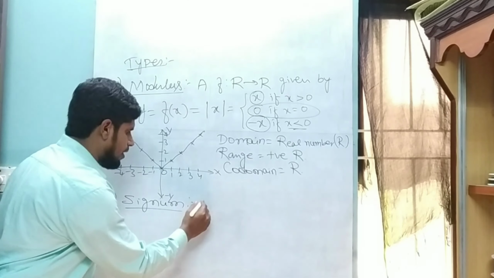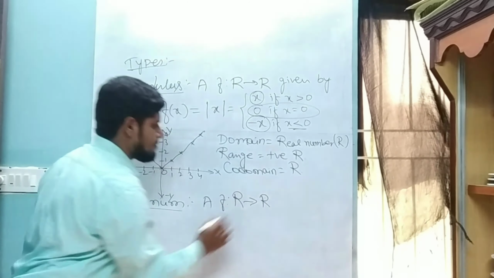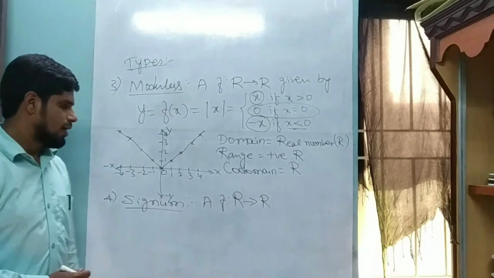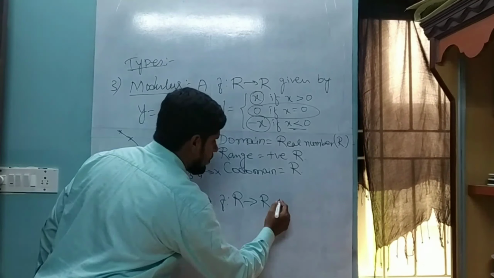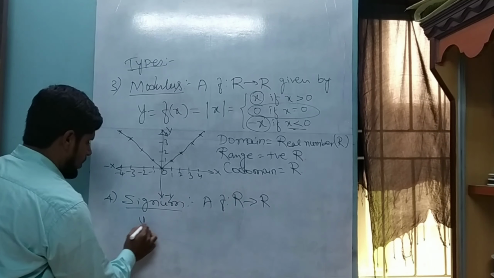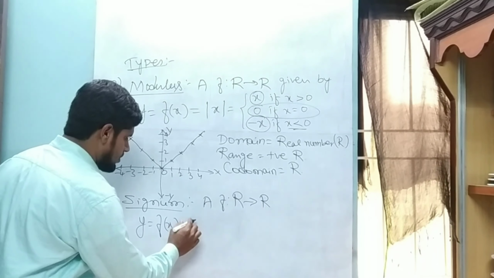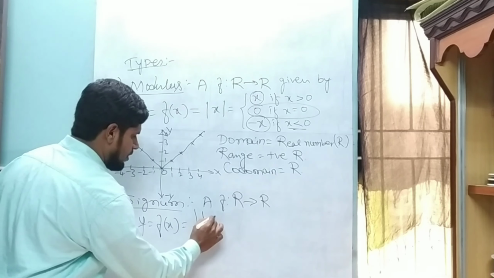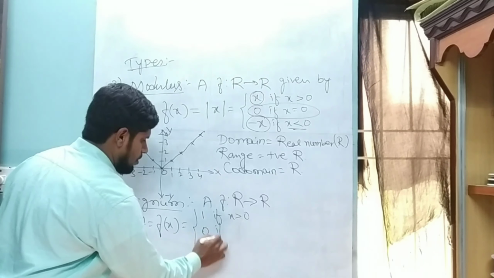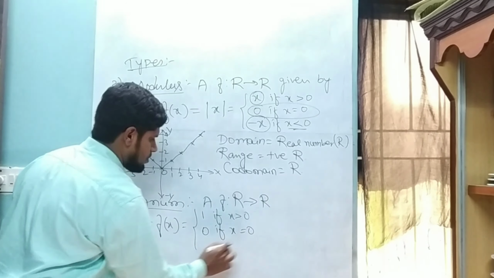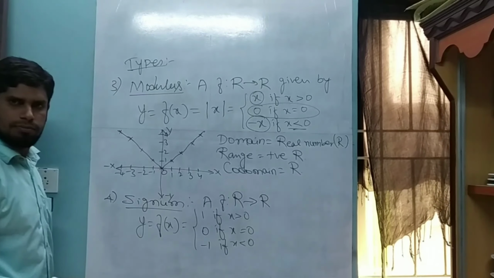A function f from R to R is said to be a signum function if y is equal to f of x, and f of x is equal to plus 1 if x is greater than 0, 0 if x is equal to 0, minus 1 if x is strictly less than 0.